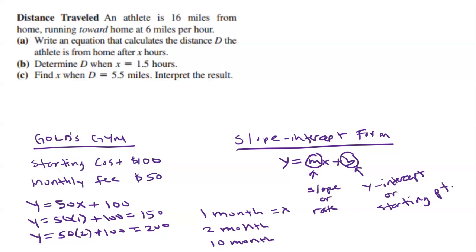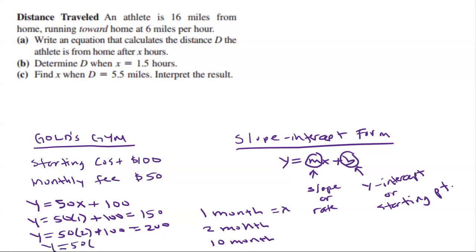Because we have y is equal to 50 times 10 plus 100 will give me 500 plus 100 is $600. Okay? Make sense? All right. Any question there?